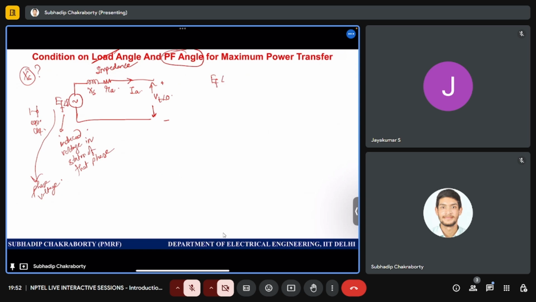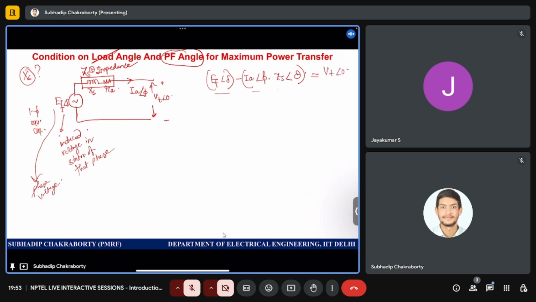EF angle delta minus IA angle, let's say phi, into ZS angle theta, because this is ZS, angle theta, should be equal to VT angle 0.